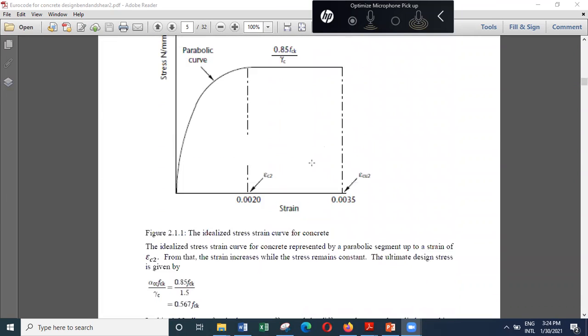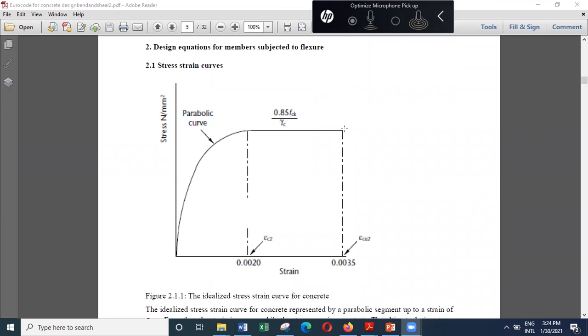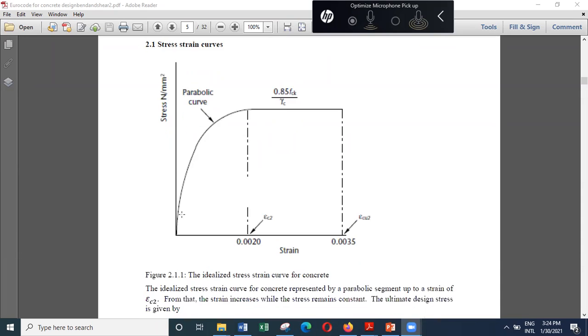When you go up to 0.0035 and draw the diagram, in some areas the stress is constant, and after that there will be a certain region where the stress variation is parabolic, and then a region where the distribution is linear.